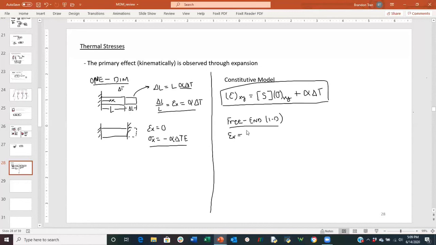So what would normally be 1 over the Young's modulus times sigma x would not exist in this model. And all we have left is the coefficient of thermal expansion and the change in temperature. And that's it. So what about the restricted end?